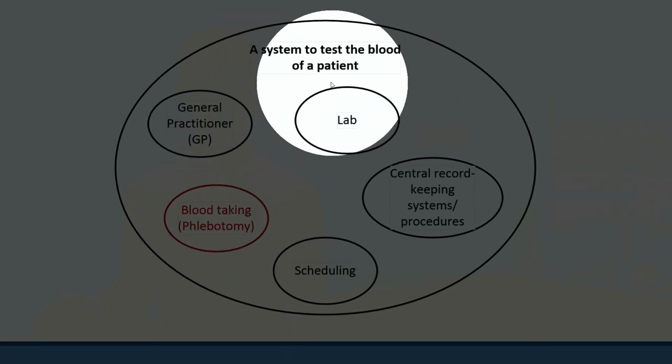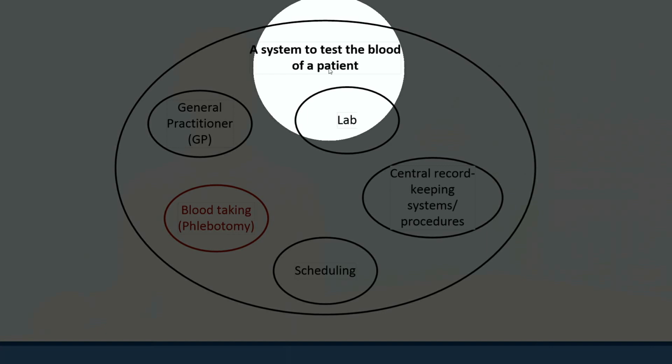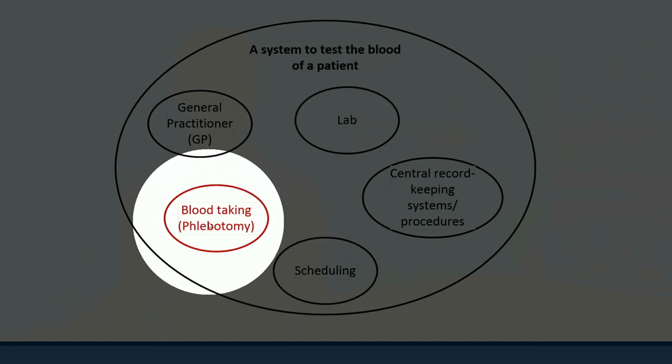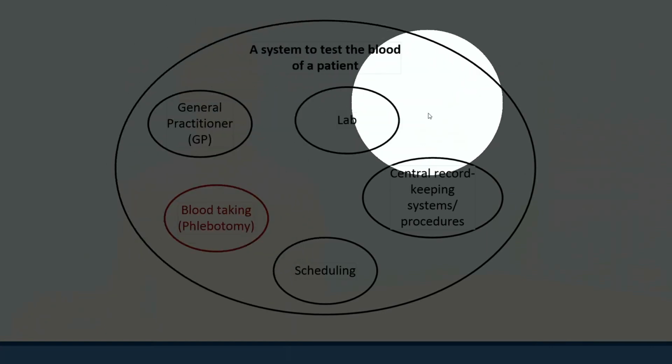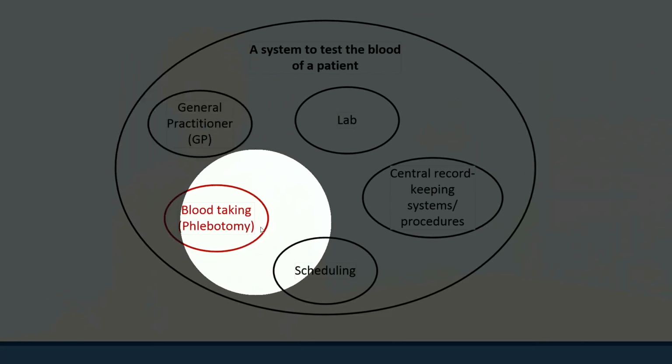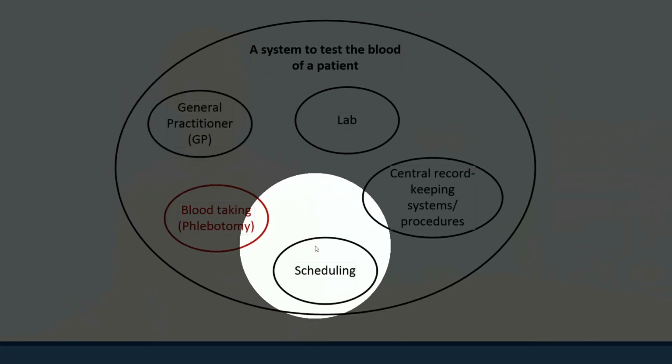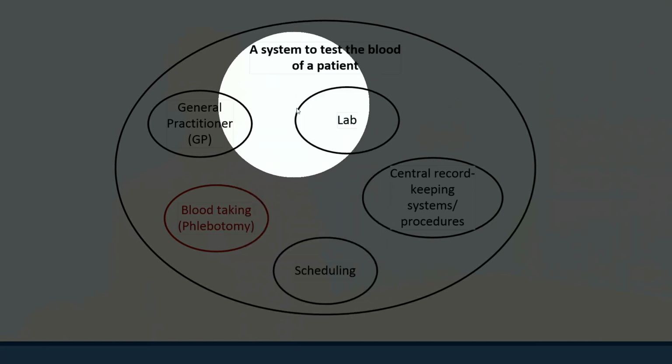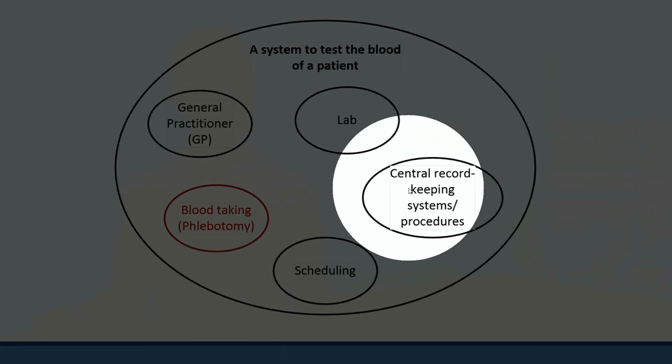Well, we take it to test the blood of a patient. We don't just take it to store it. And in that system, we've got the general practitioner, another stakeholder who might have a perspective. We've got another scheduling service. Maybe there's an issue if that doesn't coordinate with the one at the level below. We've got the lab, we've got record keeping systems and procedures, and so on.